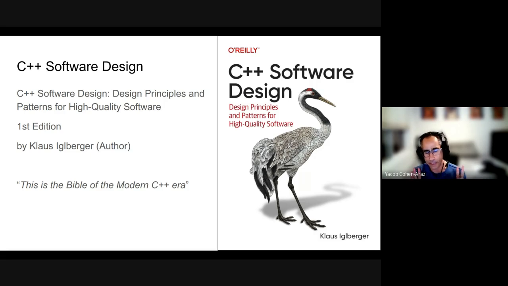I have the printed book, also the ebook. It's not cheap, they are very expensive, like 50, 60, 70 bucks, I think. They're worth every penny. So if you don't have access to this book, my recommendation would be to read that.